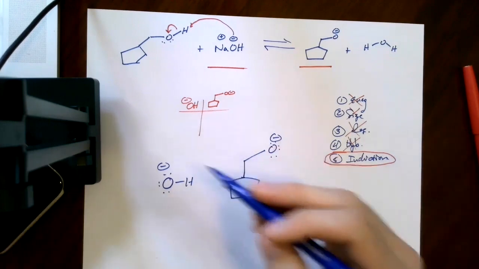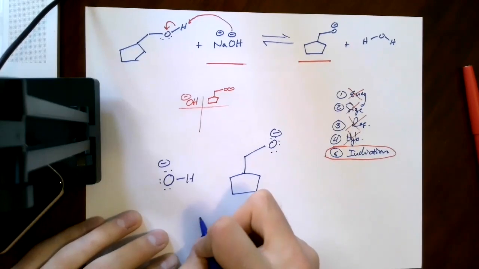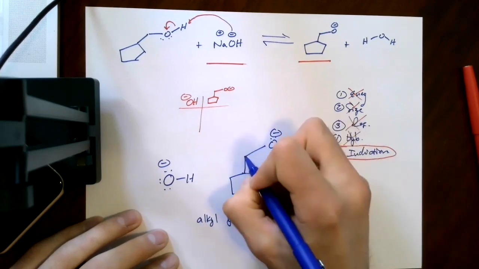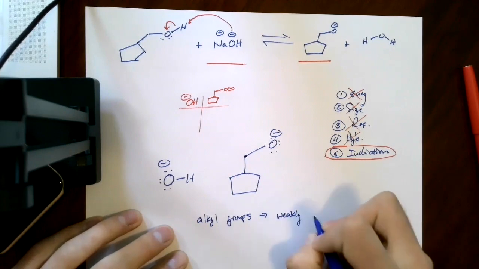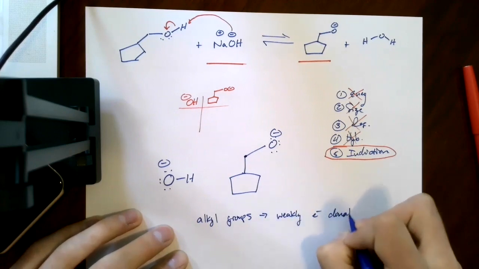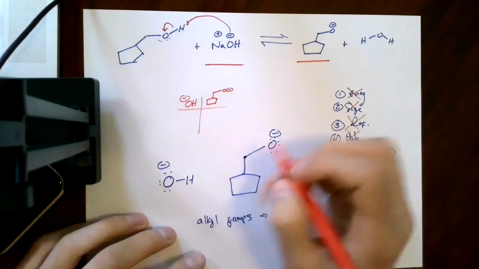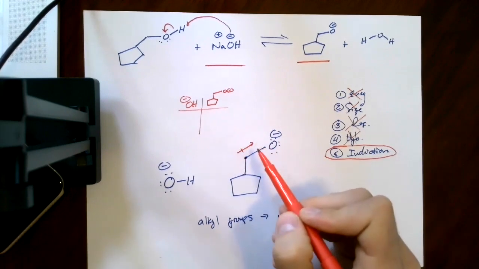And what I've gone over a couple recitations ago is that alkyl groups or alkane groups nearby are weakly electron donating. So the inductive effect of an alkyl group is actually to weakly donate in.